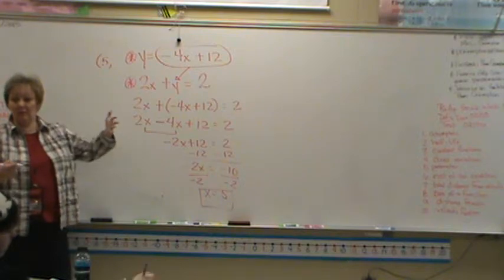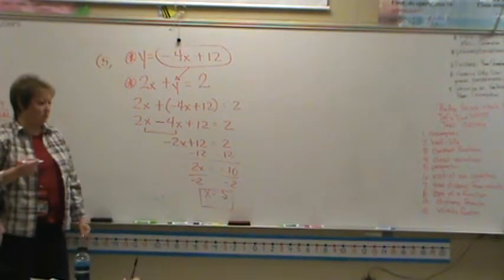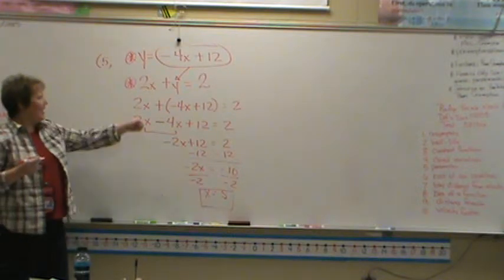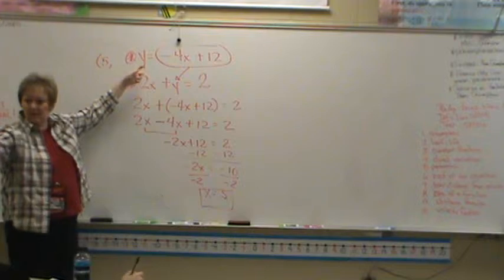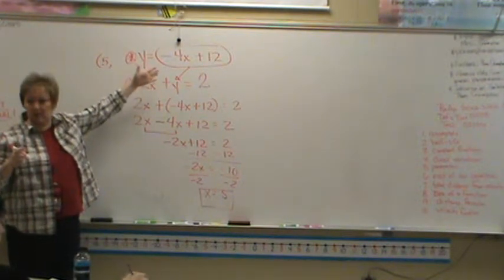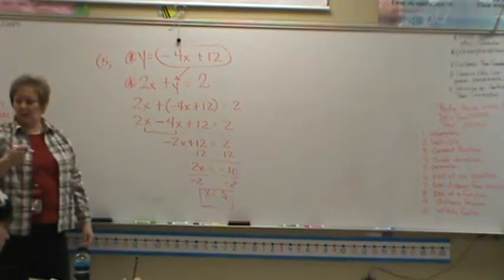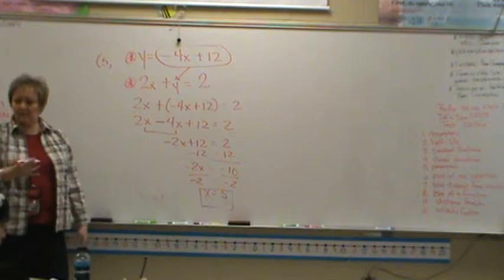Which one do you think would be better? The top one, because it's already y equals something. So all you gotta do is replace x and figure out what y is.